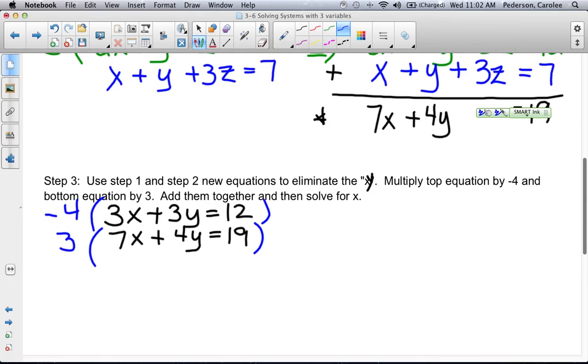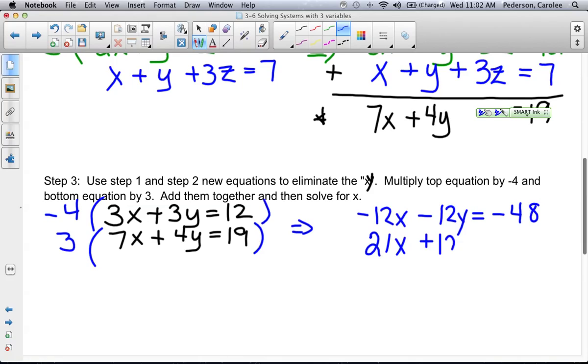So we get negative 12x, negative 12y, and then negative 48. And then the second equation, 3 times 7x is 21x. 3 times 4y is 12y. And then 3 times 19 is 57.